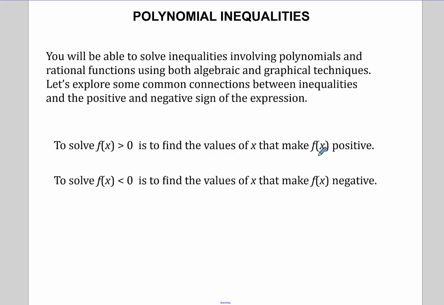That means the function graph would lie above the x-axis, so the y values would be positive. And if a function is less than 0, the y values would be below the x-axis, and in that case the y values would be negative.